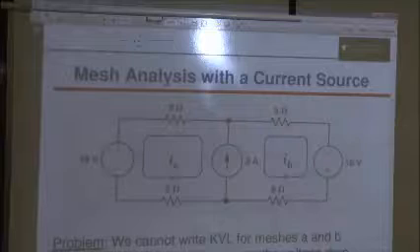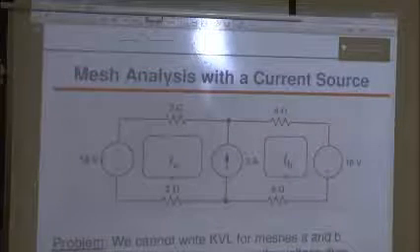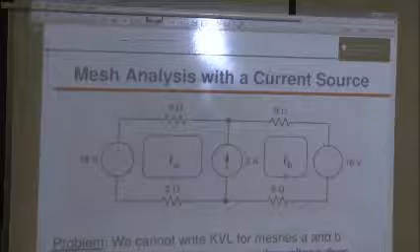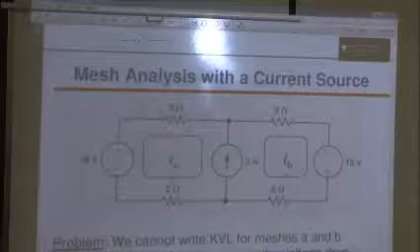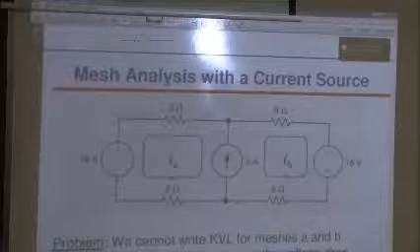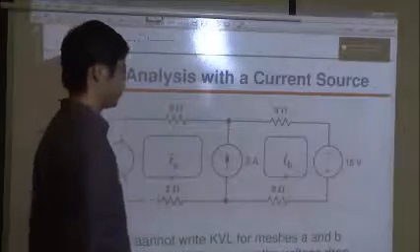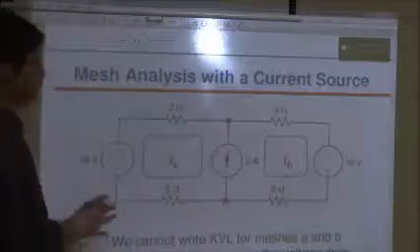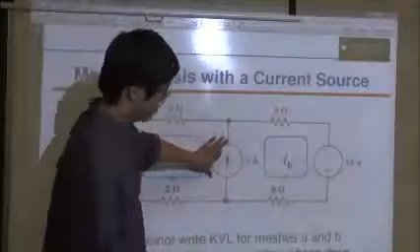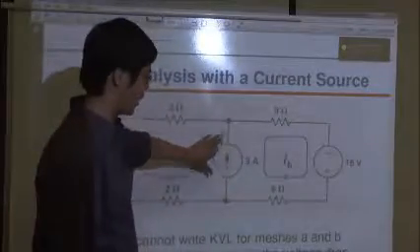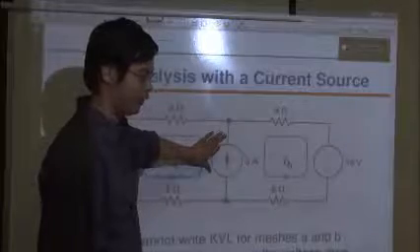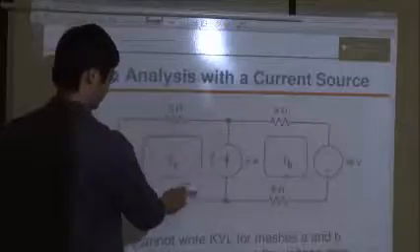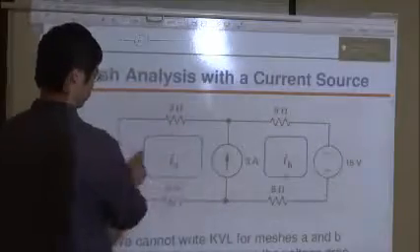So the issue is now, how do we solve a situation like this? When you have this one in the loop, then you cannot write a KVL equation for it, but you can write a KVL equation for a big one. There's no meaning to write a KVL for this loop.